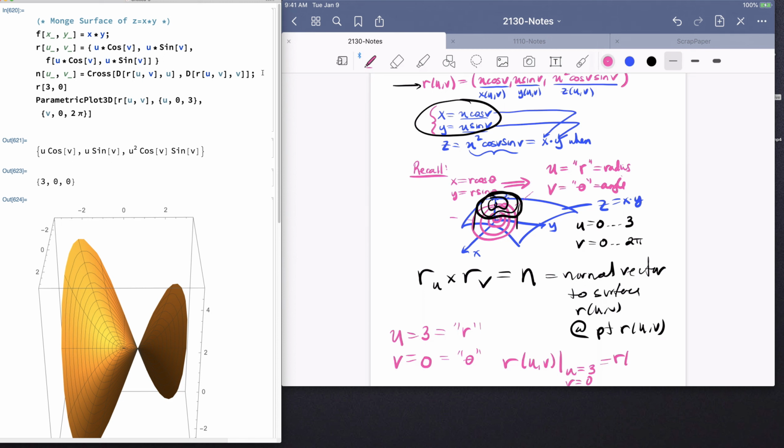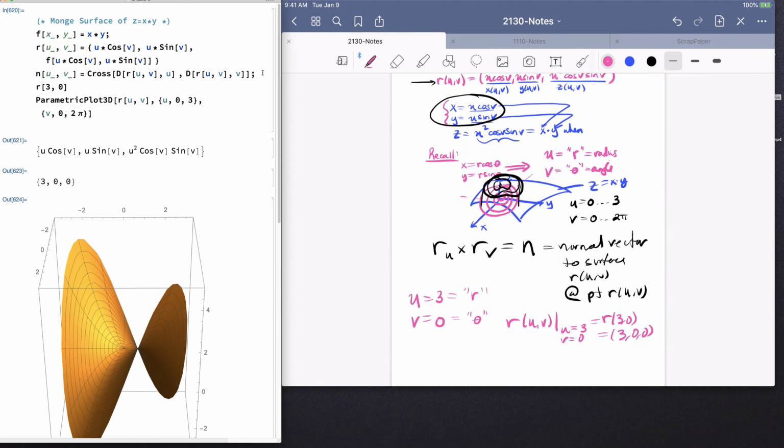You will get r of 3 comma 0, which is the point 3 comma 0 comma 0. So the x value is 3, the y value is 0, and the z value is 0.